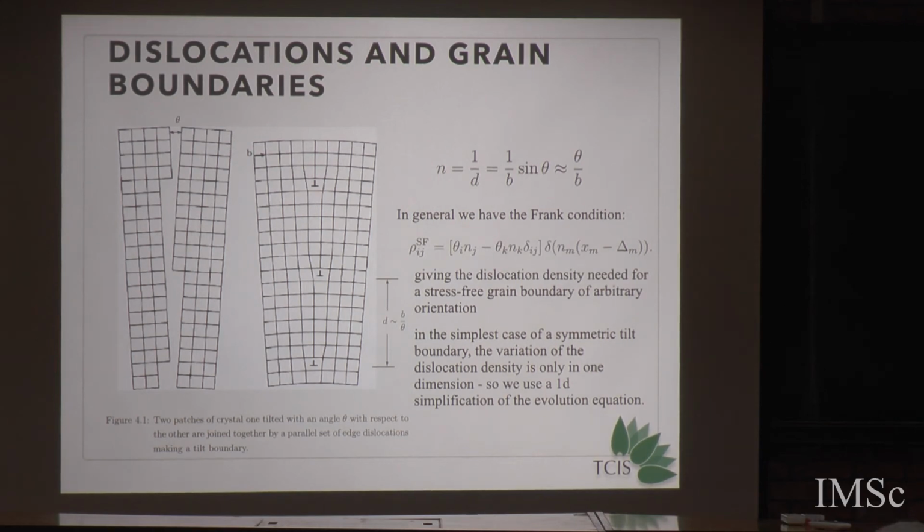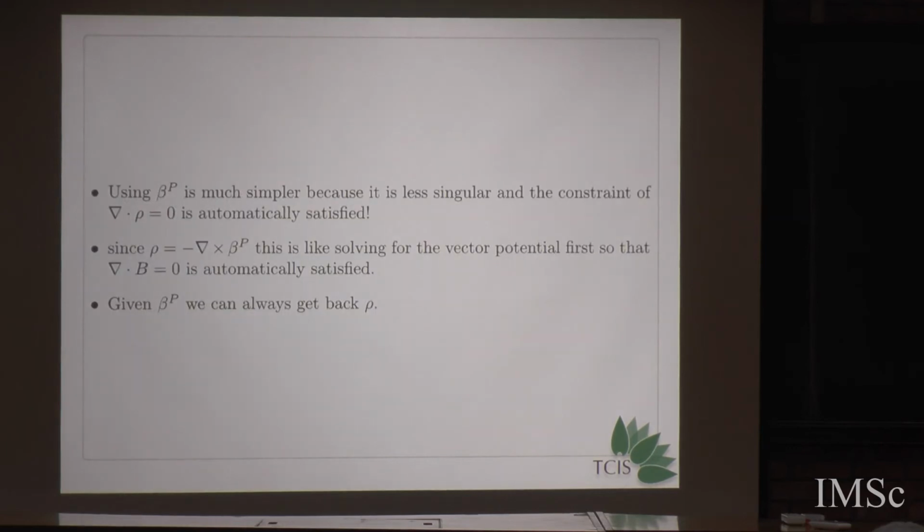So given the angle difference, one can find out the dislocation density. This is only for a symmetric tilt boundary; for complicated boundaries it is much more difficult to derive in general, but it is possible.